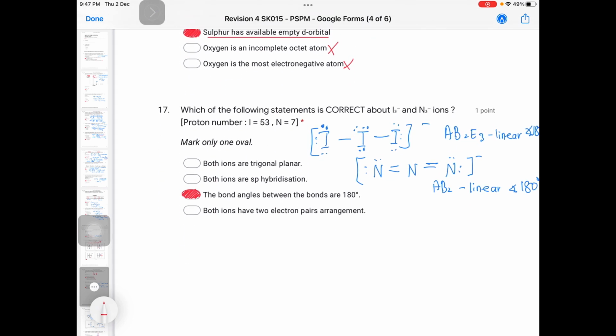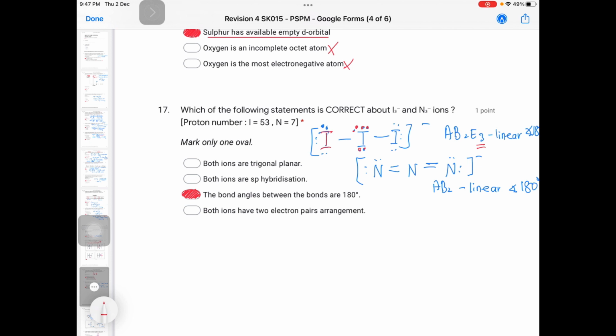Okay, so which of the following statements is correct about I3 minus and N3 minus ion? When we draw the Lewis structure, we found that I3 minus has 3 lone pairs and 2 bonding pairs, AB2E3. So AB2E3 is linear, so the bond angle is 180 degrees.